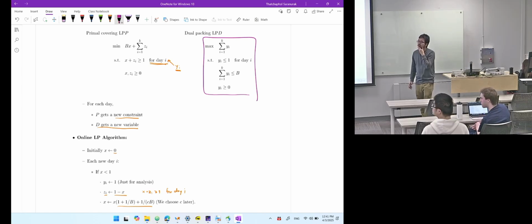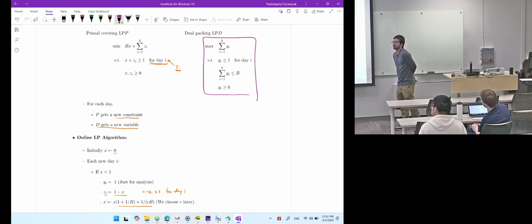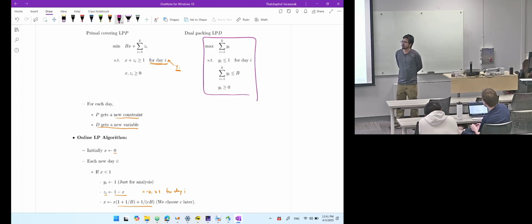Well, if x is 1, that corresponds to buying, and x is 0 corresponds to renting. So if we buy after some amount of days, that corresponds to what's happening in the dual.